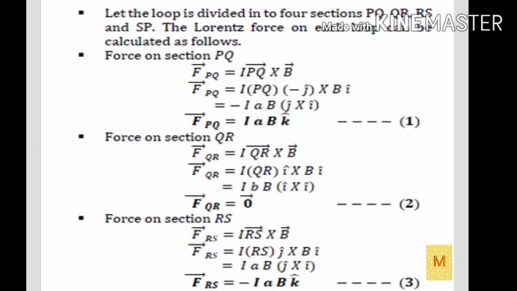The unit vector for positive x direction is i cap, so that the equation becomes FRS vector is equal to I RS j cap cross B i cap, and then it will become I A B into j cap cross i cap. Here j cap cross i cap is equal to minus k cap. Hence the equation becomes FRS vector is equal to minus I A B into k cap.